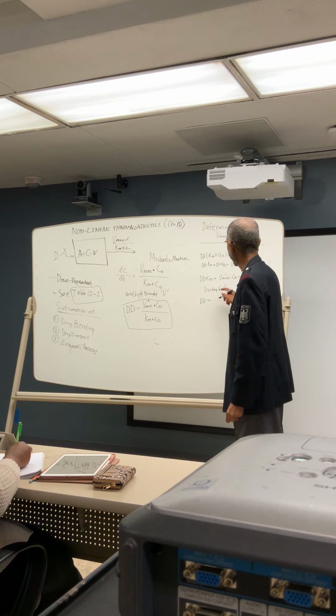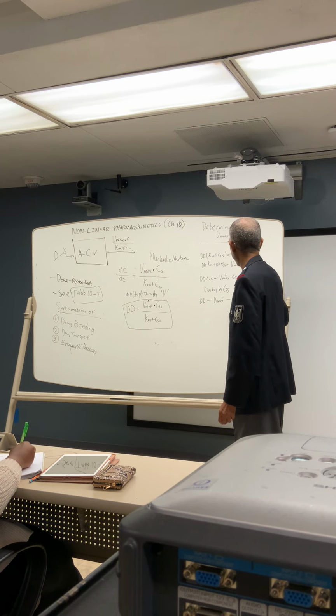On the right hand side of the equation, I get V max prime, and V max prime times C steady state divided by C steady state leaves just this right here. And then that's going to be minus daily dose times Km divided by C steady state.